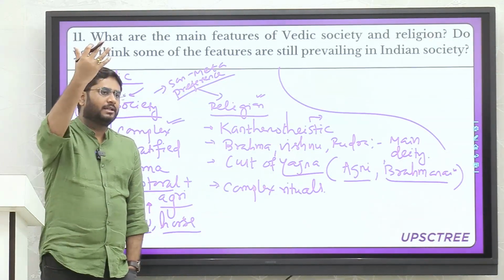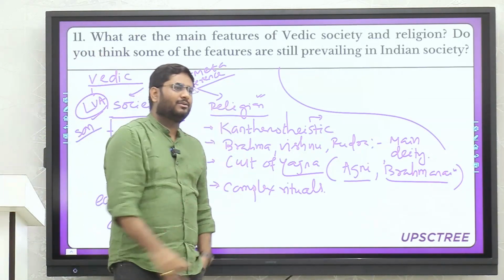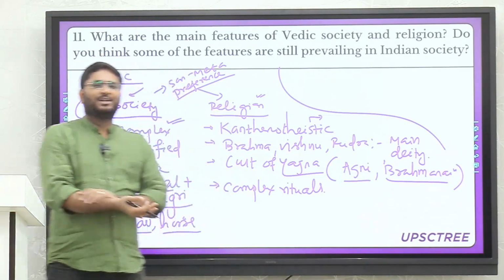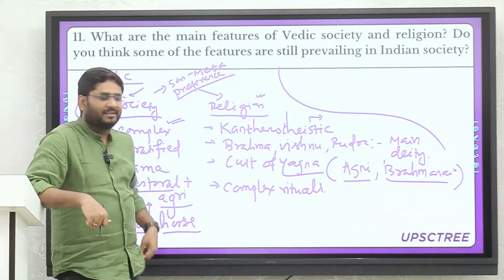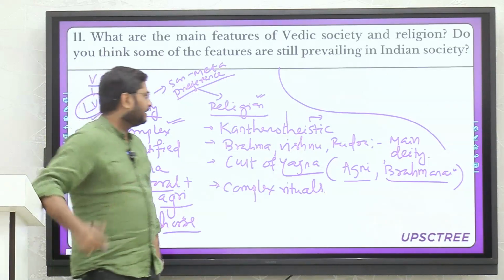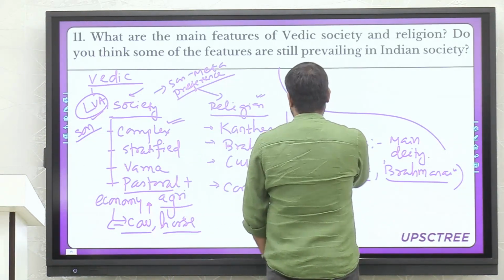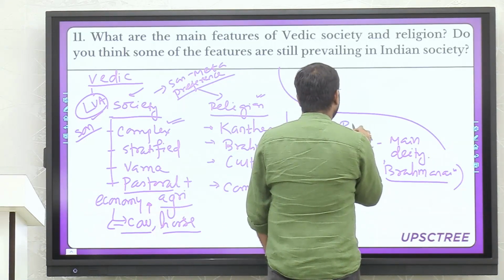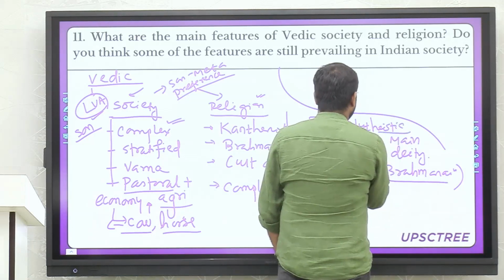If you want Vidya, you will worship Saraswati. If you want money, you will worship Lakshmi. So departments have been assigned. A similar kind of thing is still there in India. Okay. So polytheistic and kathenotheistic. Kathenotheistic means for different purposes there is a different deity, and polytheistic, that is still there.